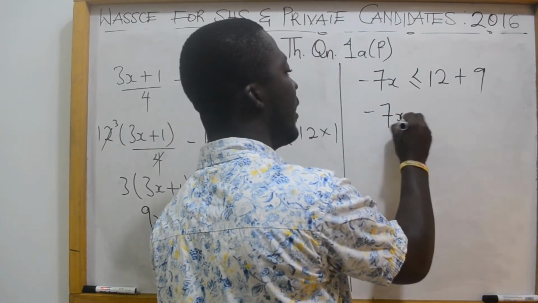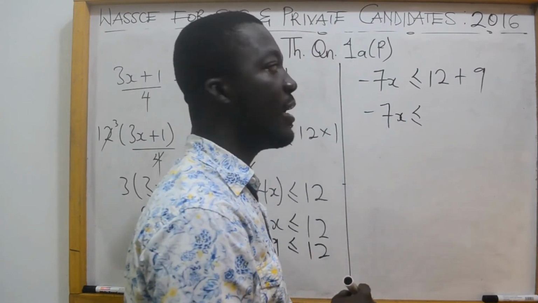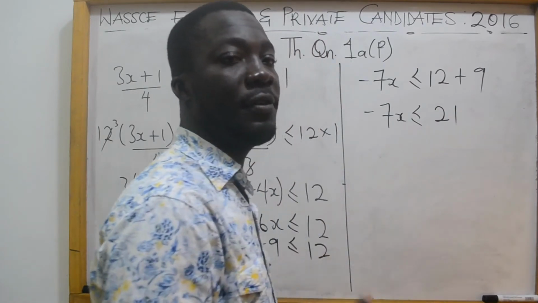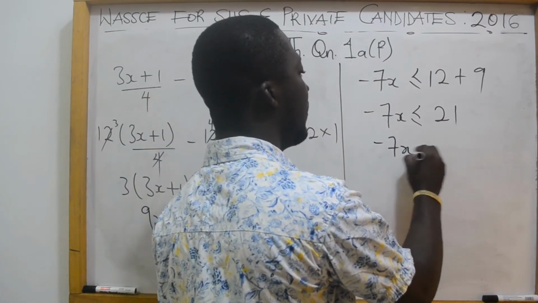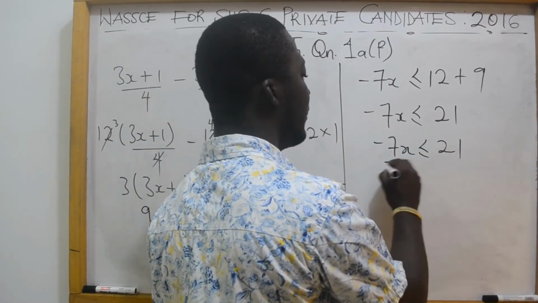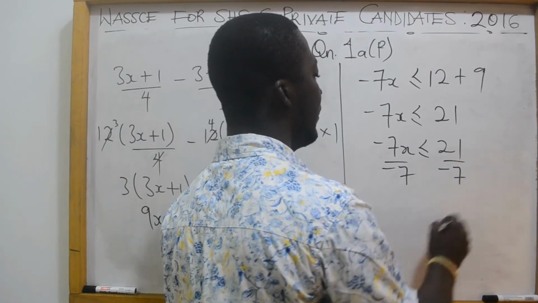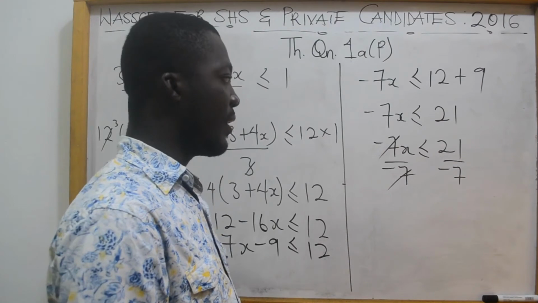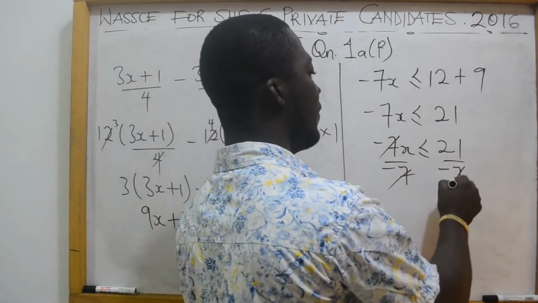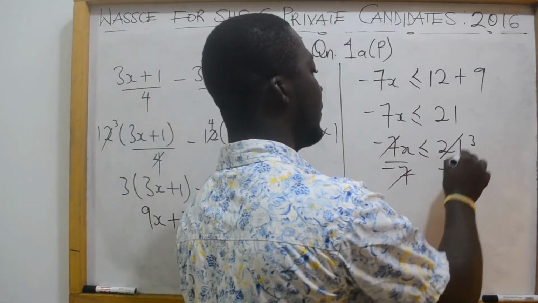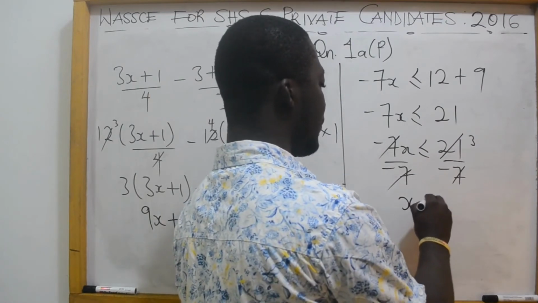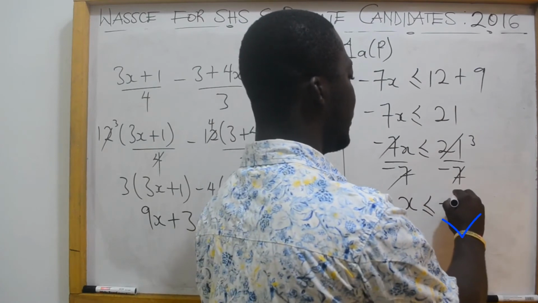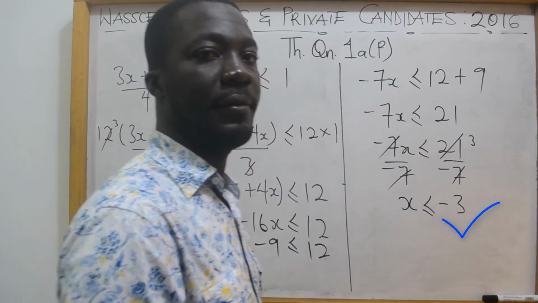So negative 7x is less or equal to 12 plus 9 is 21. Then if you want to find x, we divide both sides by negative 7. Negative 7 will cancel negative 7, and 7 goes into 21 is 3. So the value of x will be less or equal to, there is negative here, so negative 3.